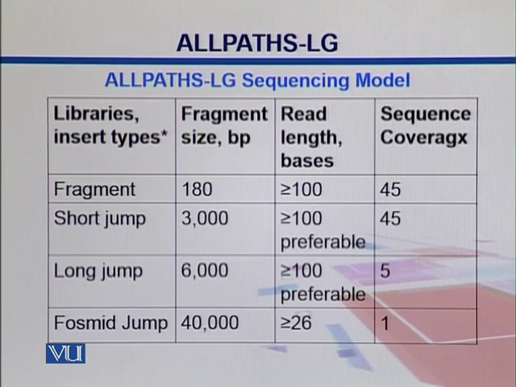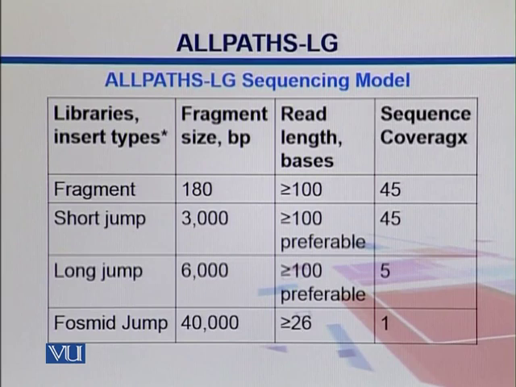If we have short jumps, where the insert size is small and the reads are 100 base pairs if you are using Illumina, we again want a good coverage, which is 45x. For long jumps, with long insert sizes, the fragment size may be up to 6000 base pairs.